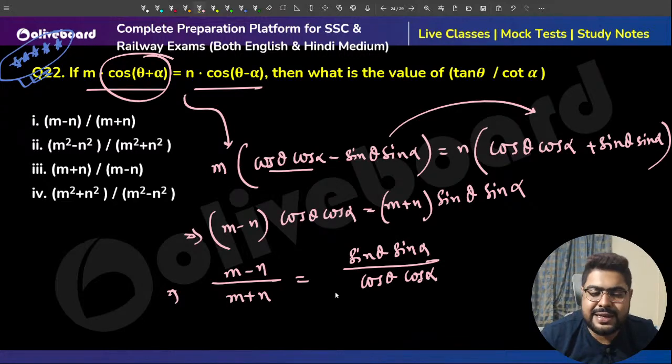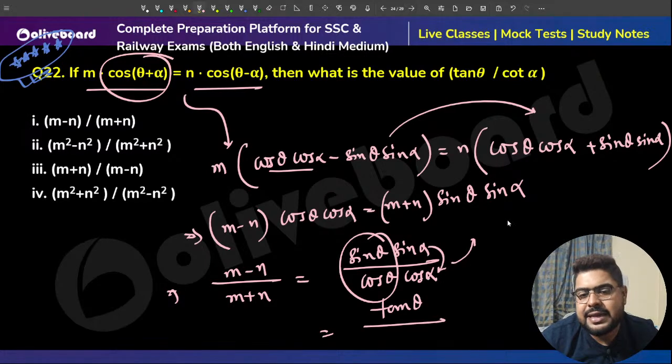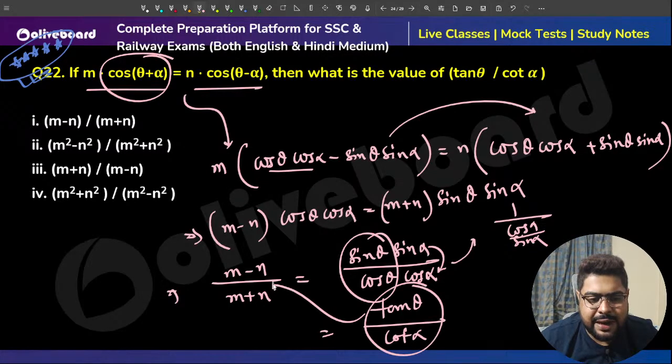Sin theta by cos theta is tan theta, and I can write the other as 1 by cos alpha by sin alpha, that is cot alpha. So that is nothing but m minus n by m plus n.